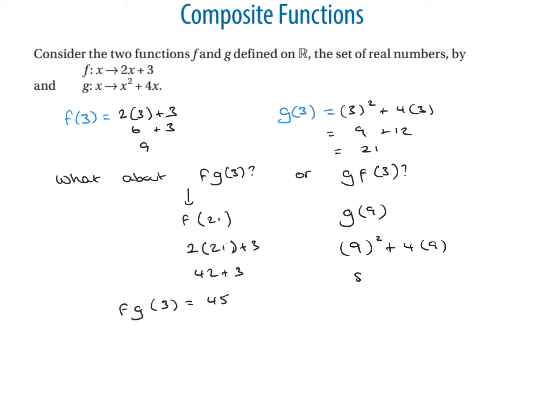That's going to be 81 plus 36, and 81 plus 36 is 117. And that there is my gf of 3. Something important to note here, guys, is that my fg of 3 is not equal to my gf of 3. This one is 45 and this is 117. This will generally be the case.